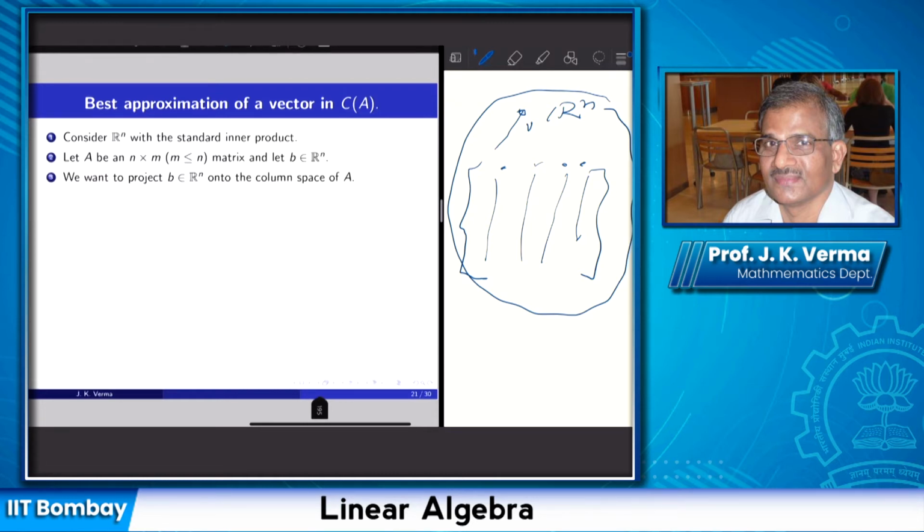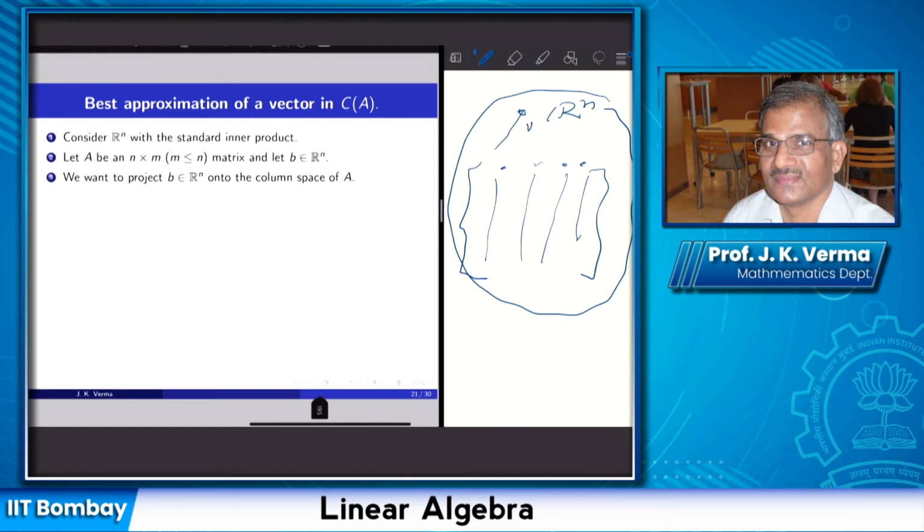So we now want to derive a formula for the best approximation of V inside the column space without going through the Gram-Schmidt process. The Gram-Schmidt process requires you to go through a whole sequence of operations which will produce an orthonormal basis. But let us show that we can bypass this process and still find the best approximation of a given vector in the column space of a given matrix.